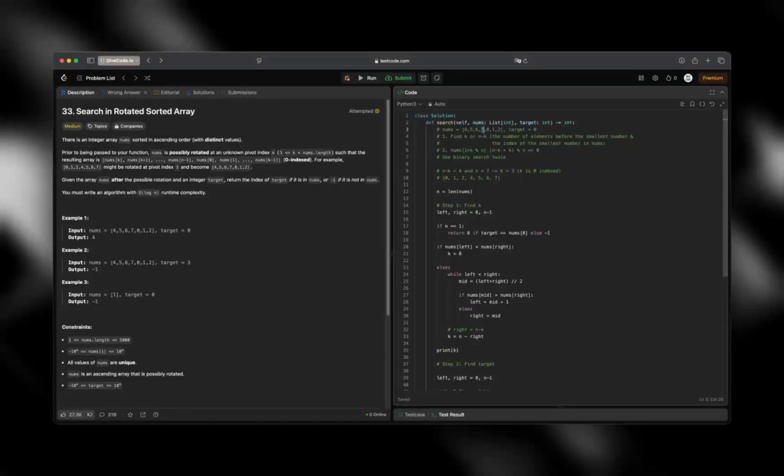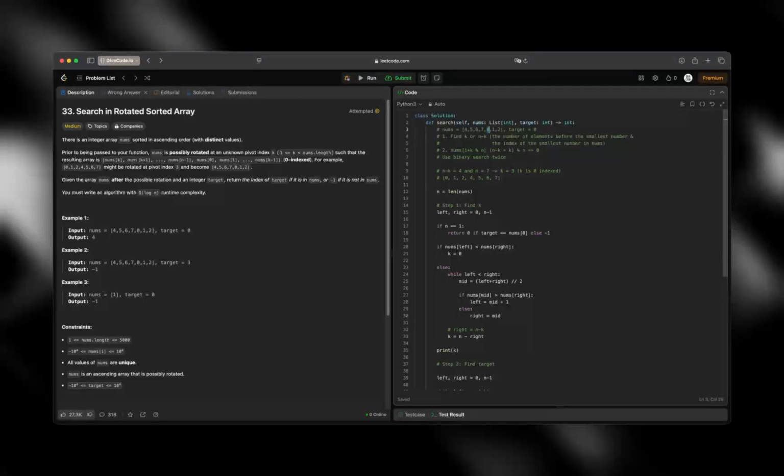So we would increment left, right? Left becomes mid plus 1, and so yeah. Yes, so that's good.